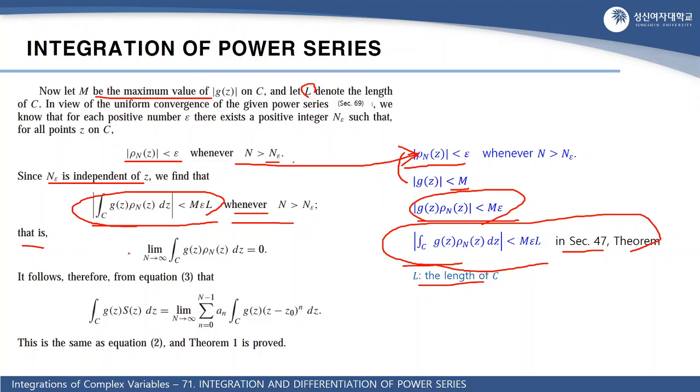That is, the limit as N goes to infinity of the integral along the contour C, g of z times rho sub N of z dz, is equal to 0, because we can make epsilon as small as possible.